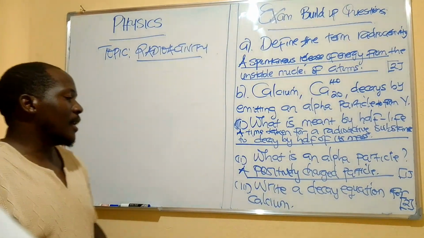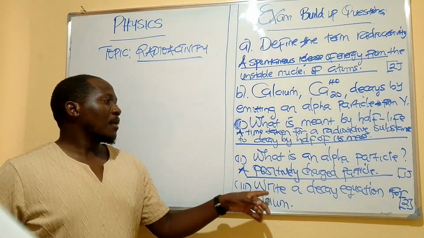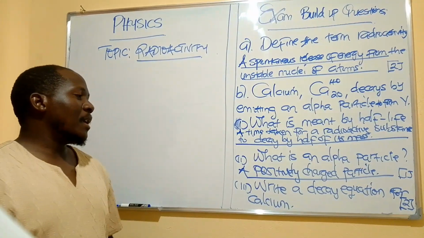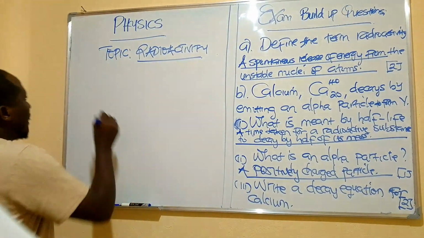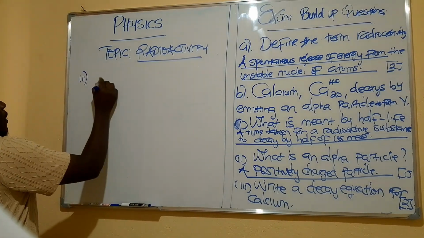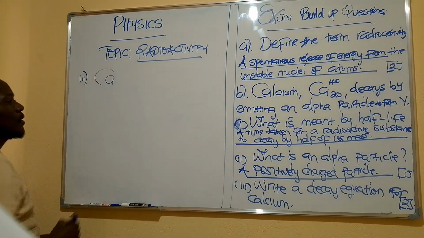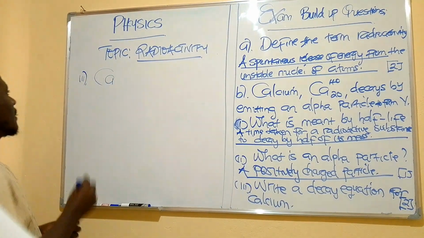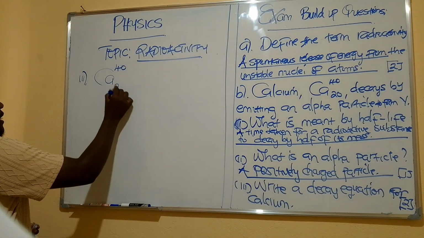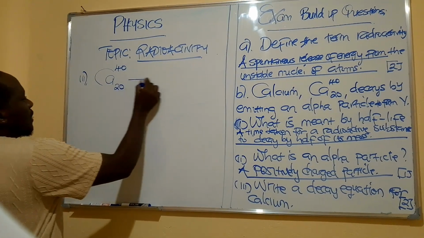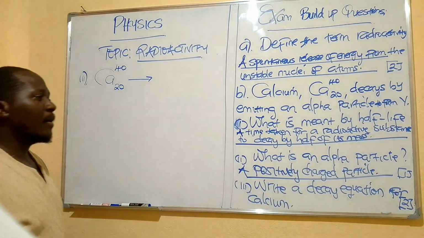So in this instance, we're now trying to write a decay equation of calcium. To write the decay equation, we write calcium, which is going to be 40 and 20. We put an arrow.